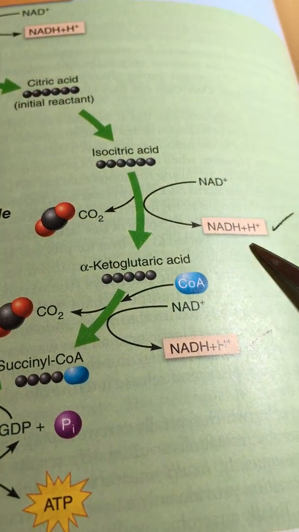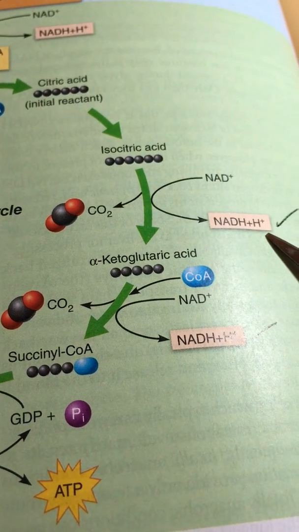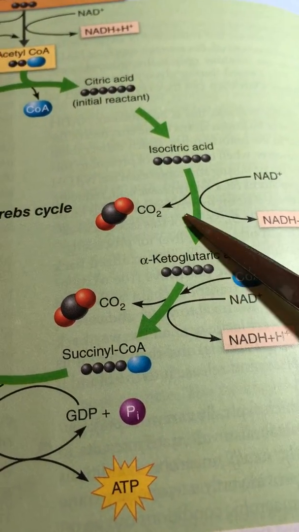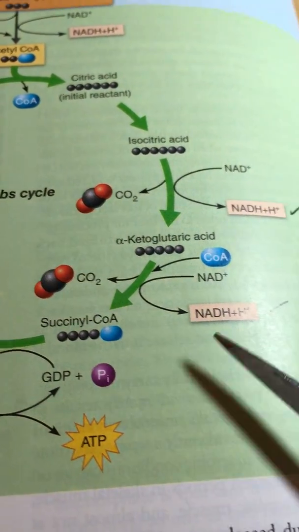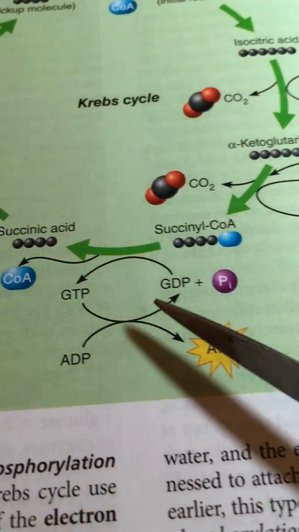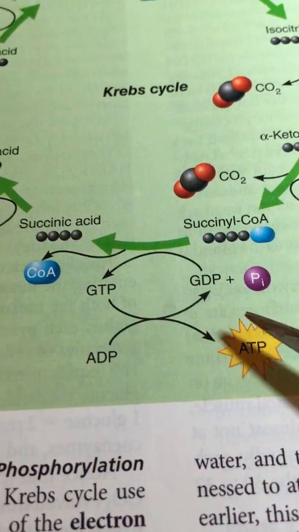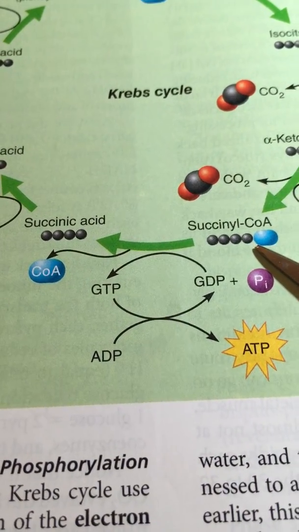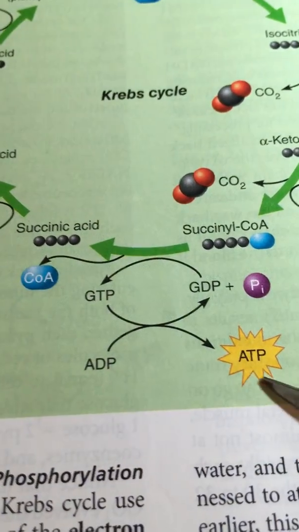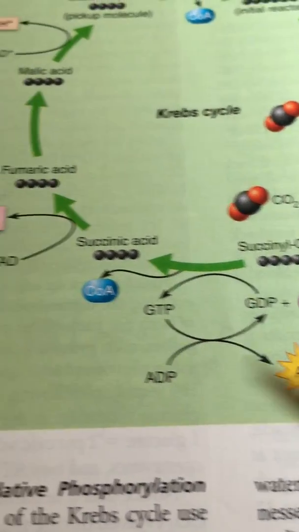Here we have the energy to add hydrogen to an NAD. We have some more energy. Carbon dioxide is coming off here. Okay, and so we continue on down through here. Here, this is a highly energetic reaction from succinyl-CoA to succinate, and we get ATP.